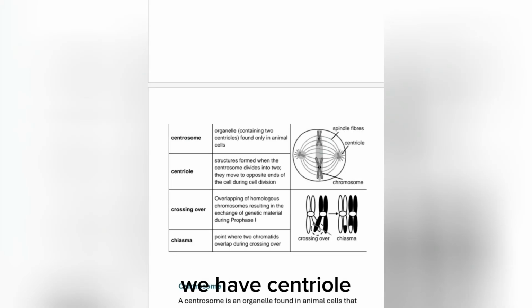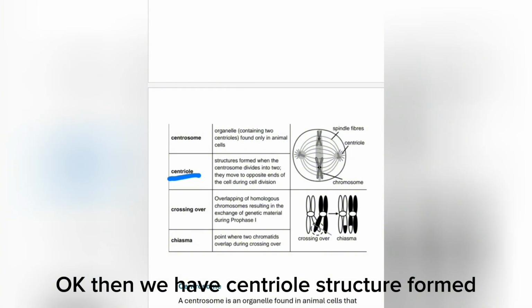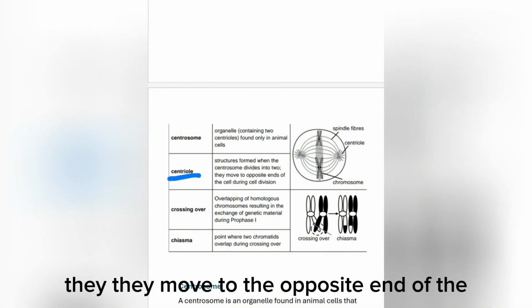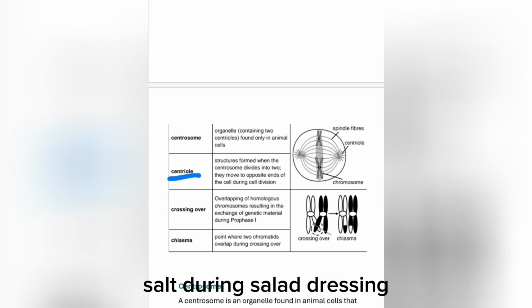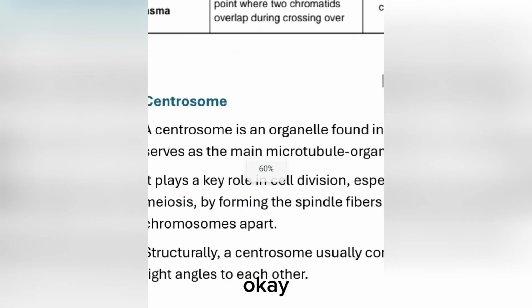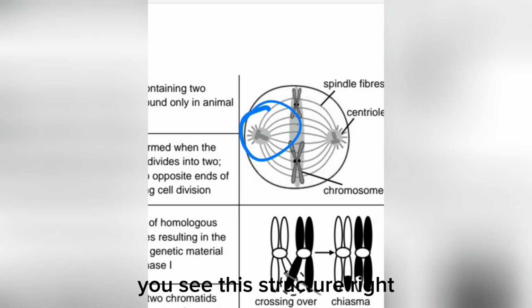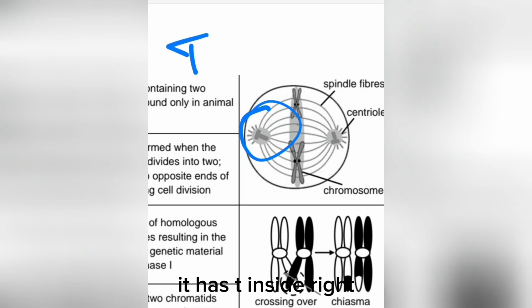And then, guys, we have centriole. A structure formed when the centrosome divides into 2. They move to the opposite ends of the cell during cell division. Okay, let me try to zoom in. So you see this, you see the structure, right? It has a T inside, right?